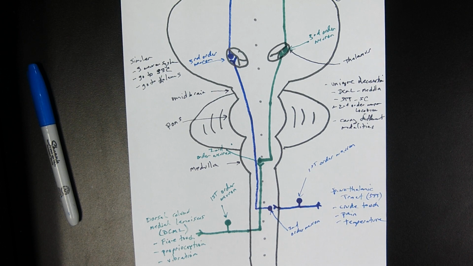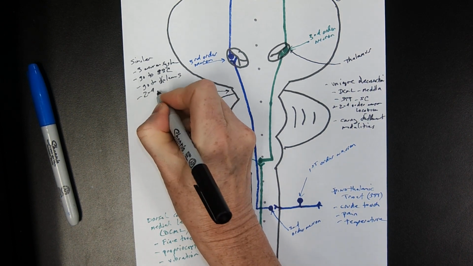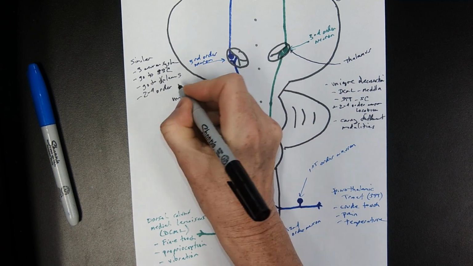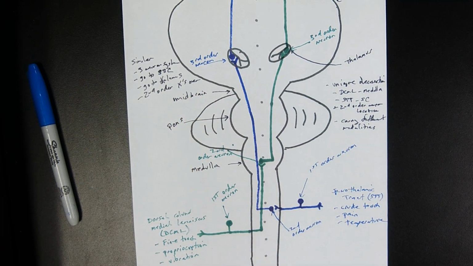Any other similarities? We talked about one earlier. How about the second order neuron? Yep, they both cross over. Second order neuron always crosses over. The second order crosses over or decussates. We've got the third order neuron synapses. There's one more.